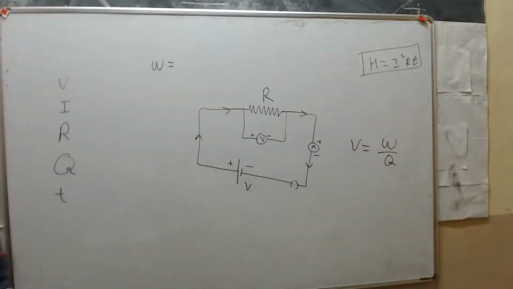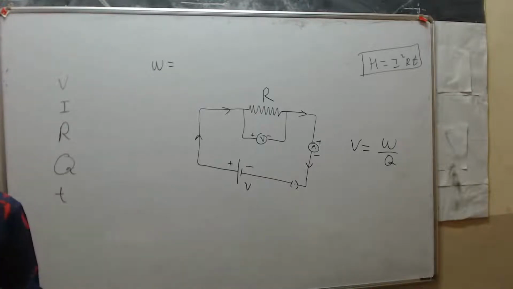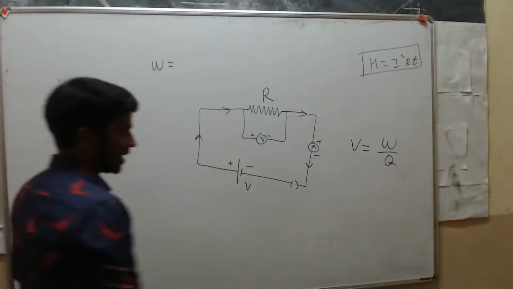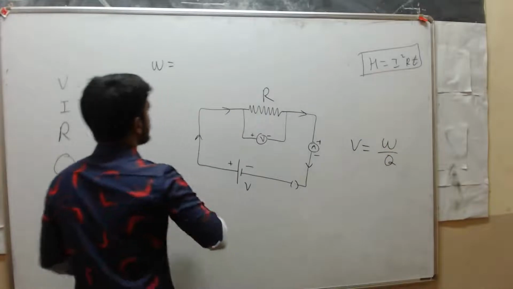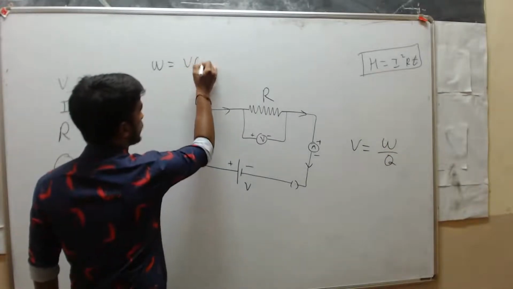Correct. So to calculate voltage, voltage V is equal to work done divided by charge, the number of charges. We already know what the potential difference is. Now see here, can I write this equation as W is equal to V into Q?